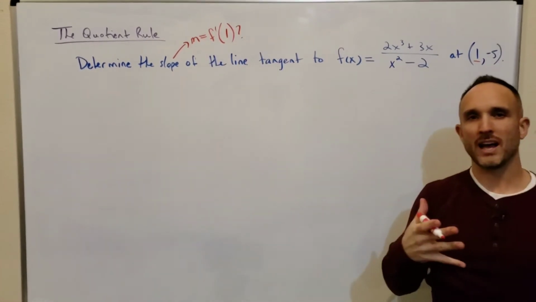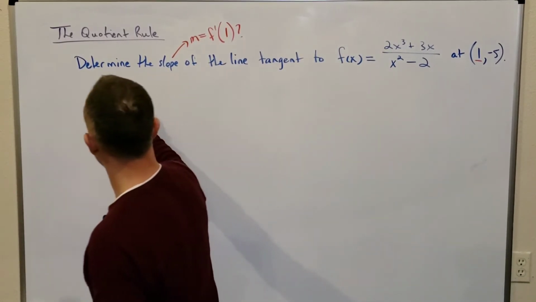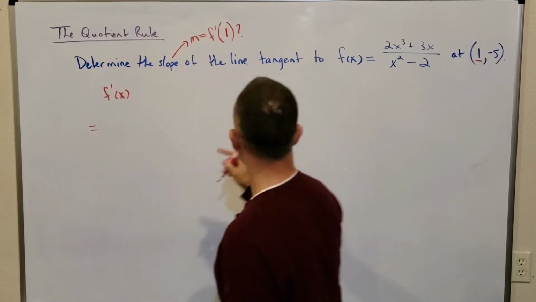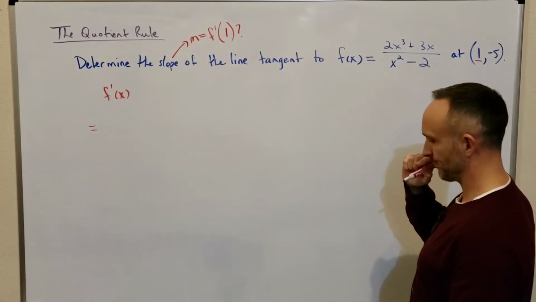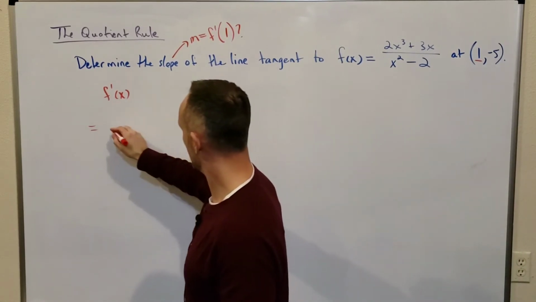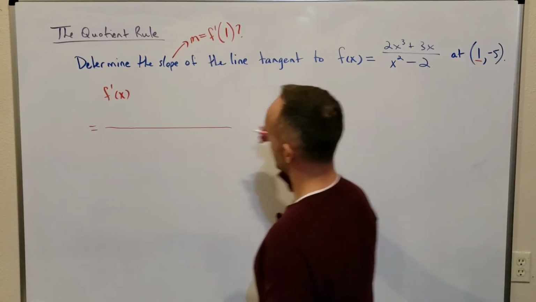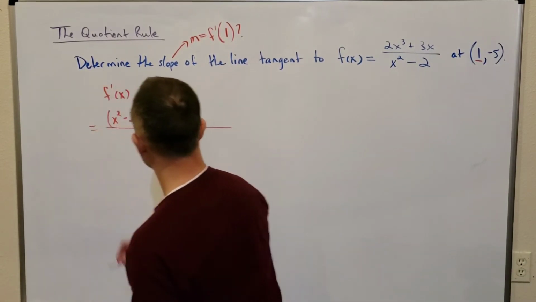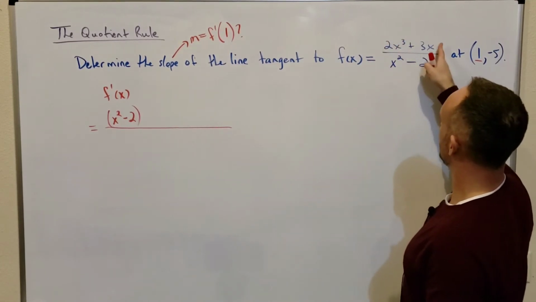In order to do that, I'll get a formula for f prime of x. So let's look at f prime of x. And because f is a quotient of two functions, I have to use the quotient rule. Okay? So here we go. We're going to set it up. We're going to do the bottom, x squared minus 2, so that's the bottom, times the derivative of the top.